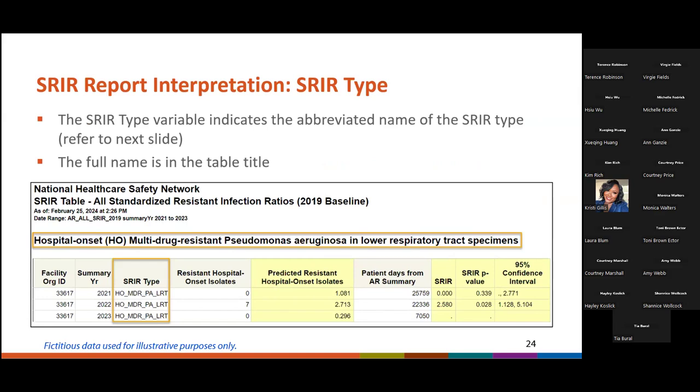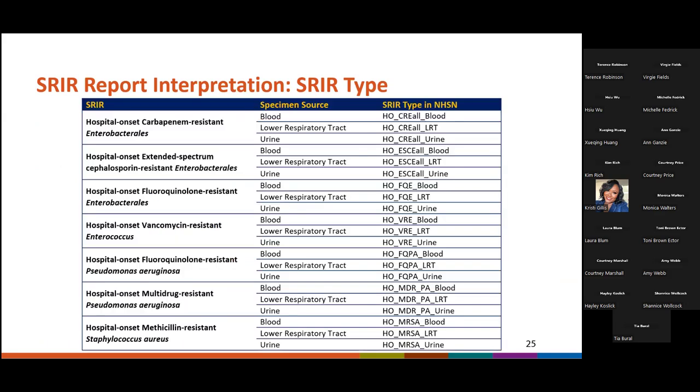The title is displayed with a description of the phenotype and specimen source, which is multi-drug resistant Pseudomonas aeruginosa and lower respiratory tract specimens. The SRIR type column provides the abbreviation for this phenotype and specimen source, which is HO, MDR, PA, LRT. I have included the SRIR phenotype, the specimen source, and the abbreviation that will be included for the SRIR type in NHSN on the slide for your reference.